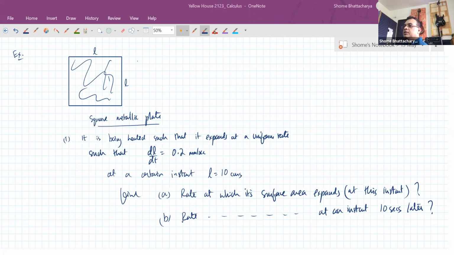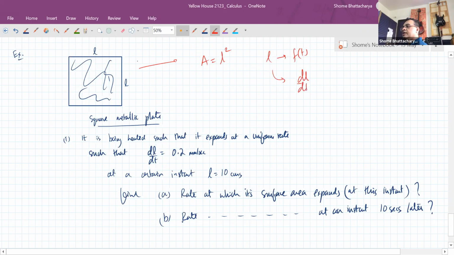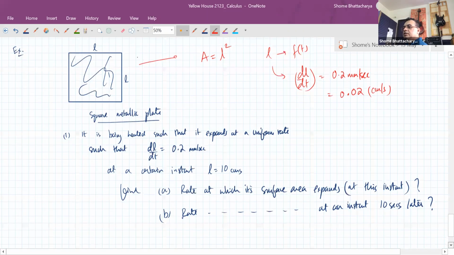So again, the concept here you can see is that area depends on length, and length is some kind of function of time because it's changing with respect to time, such that the rate of change of length is equal to 0.2 millimeters per second and constant, or we can write it as 0.02 centimeters per second. So now we want to use this information to find the rate at which the area is changing.